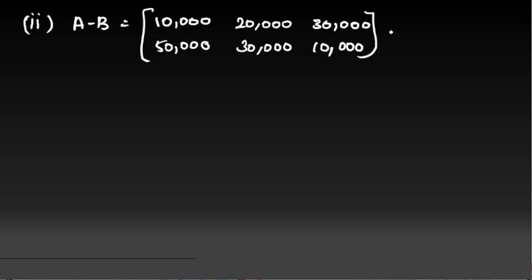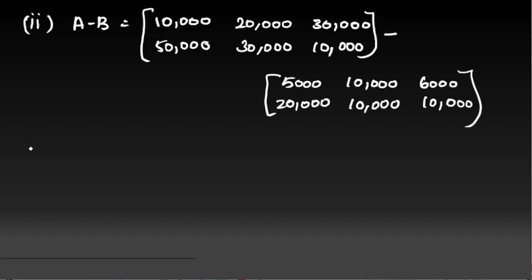Next, minus your B. B is going to be 5,000, 20,000, 10,000, 10,000, 6,000, 10,000.